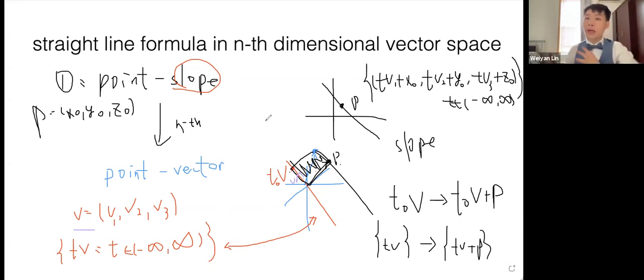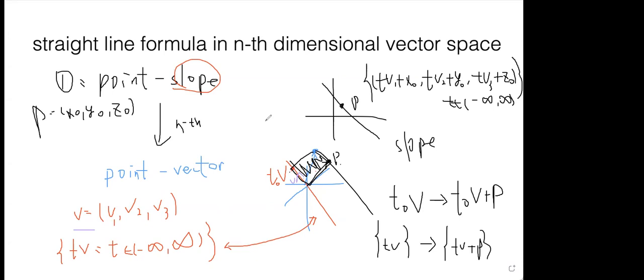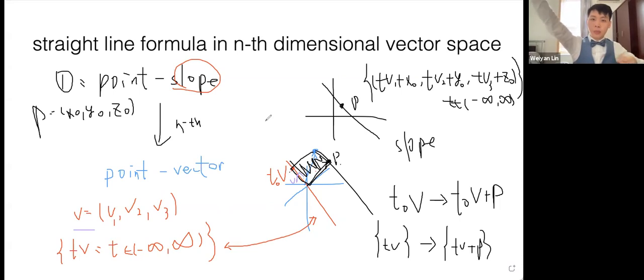What do I mean by spanning? We just apply every possible scalar to this v. We stretch it as much magnitude as we want, so that it covers every point in the straight line. The v is here, it covers only one point.